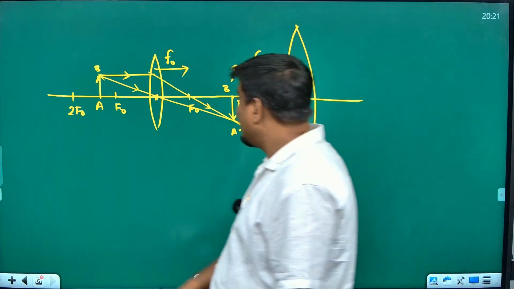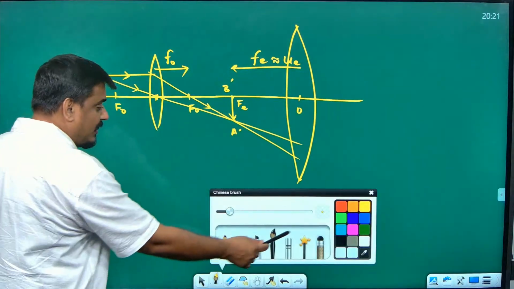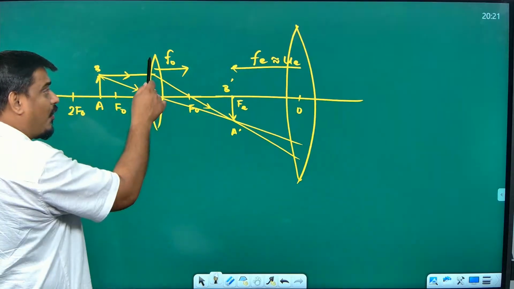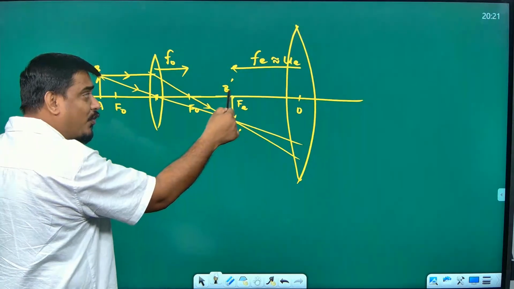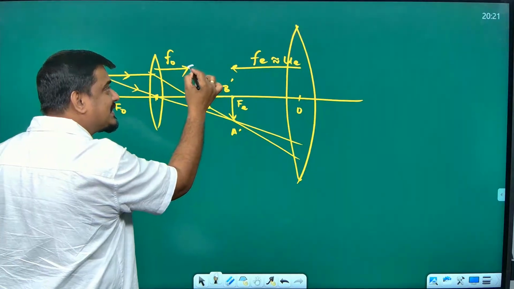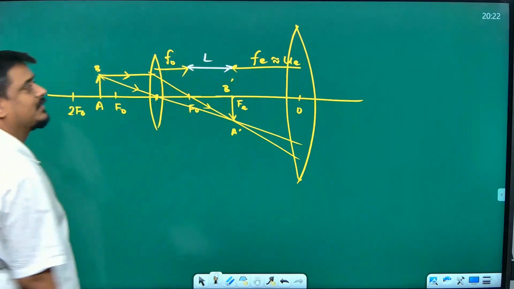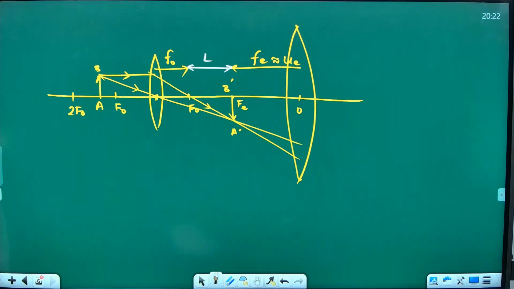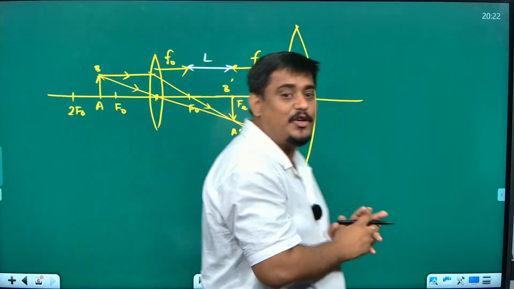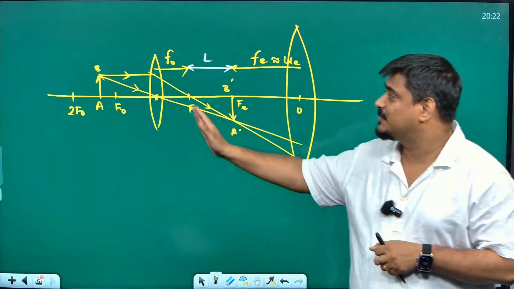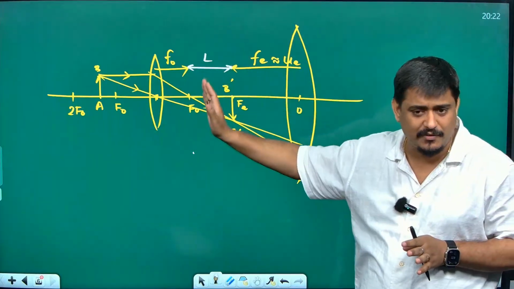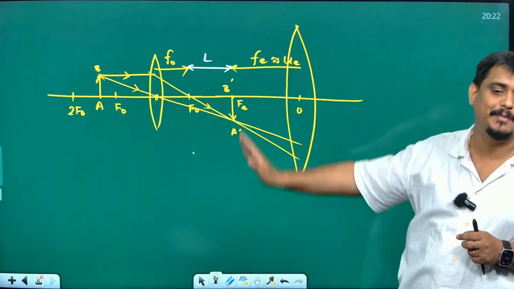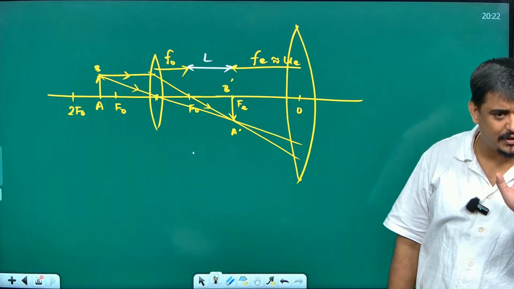They say that the distance between the second focus of objective, which is this, and the first focus of eyepiece, this distance only they are calling as tube length. Tube length is not the distance between objective and eyepiece. Is it clear, Yogit?